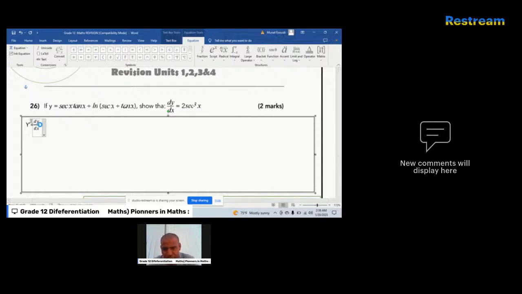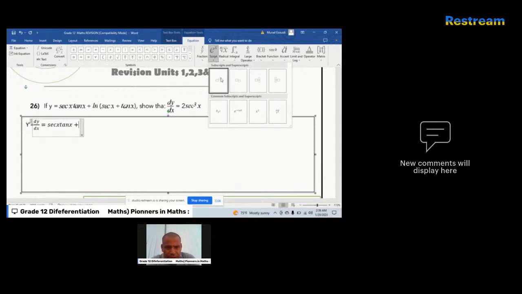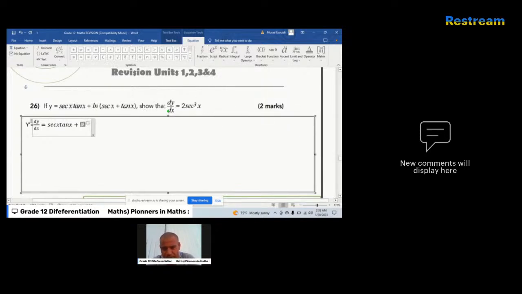The first derivative of sec is sec tangent, so sec x tangent x, plus the first derivative of tangent, which is sec squared, so sec to the power 3, sec cubed x.